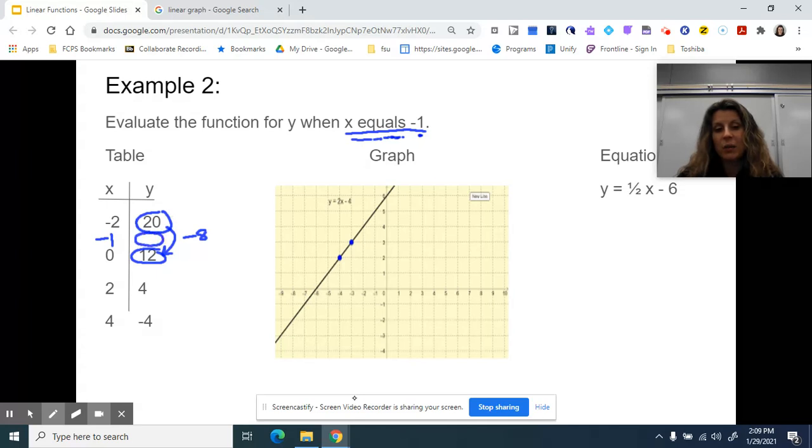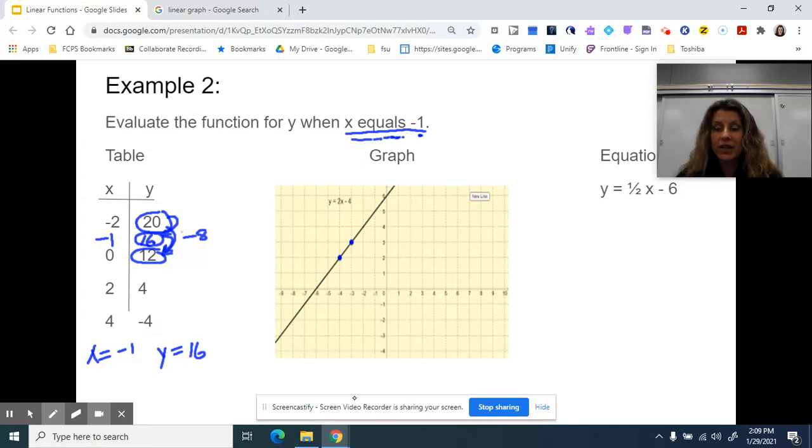What I'd have to subtract twice from 20 to get 12 would be -4. So if I take 20 minus 4, I would get 16. Let's just double check: 16 minus 4, we do get 12. So when x equals -1, y equals 16.